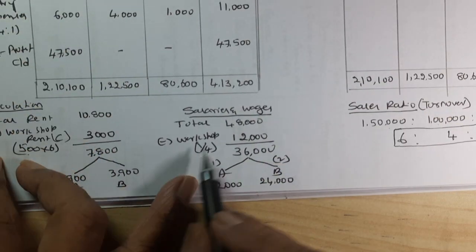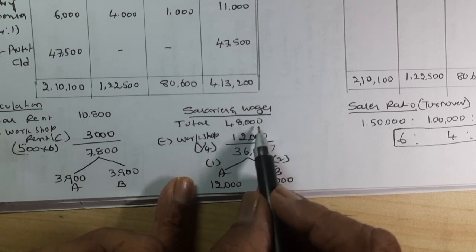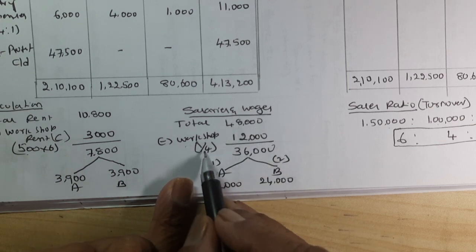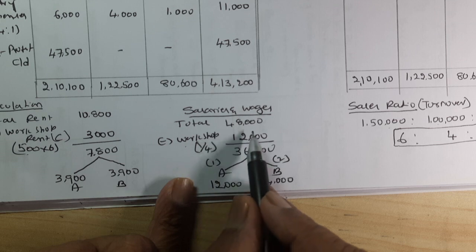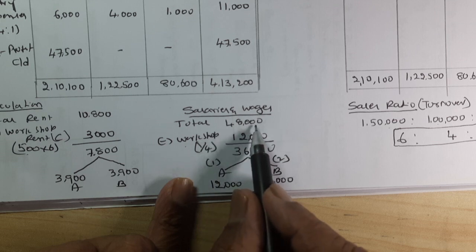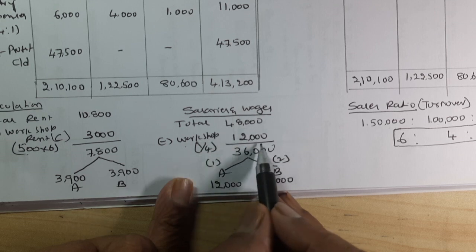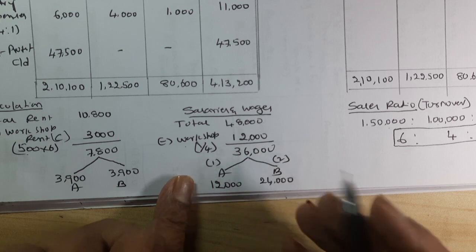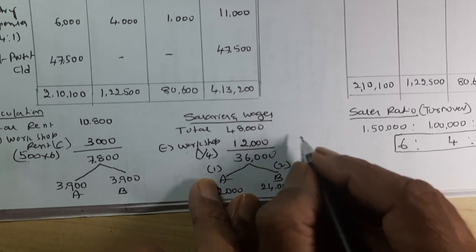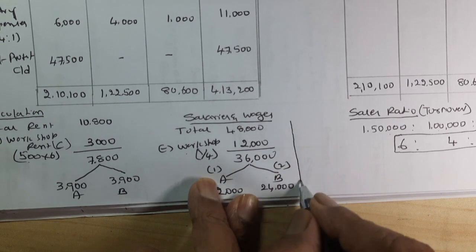Out of this 48,000, 1/4 is 12,000. I will write it here so that you will understand again.